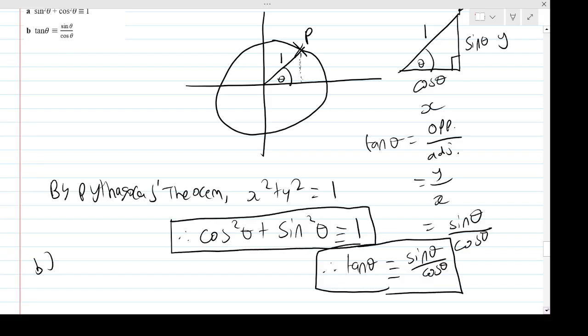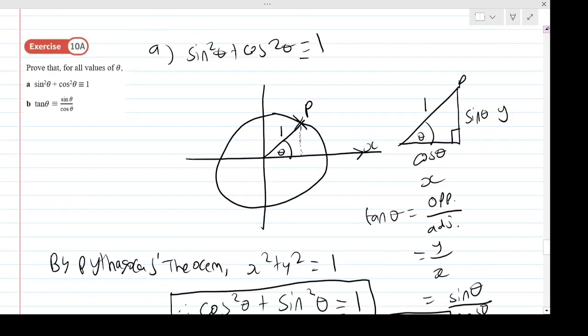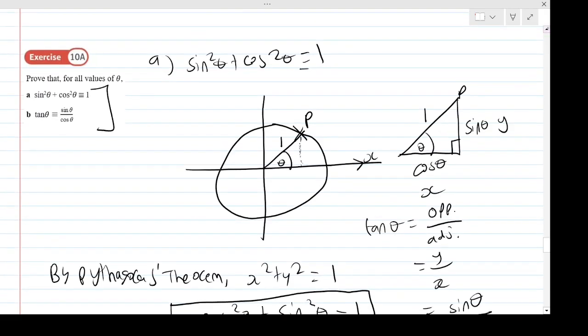Okay. So we can prove certain particular identities by also constructing a unit circle, and obviously getting a triangle with the angle it makes with the x-axis in this case. And these two identities have not come out of nowhere. I've not done that for no reason. We will be working with these identities a lot throughout the course in trigonometry.